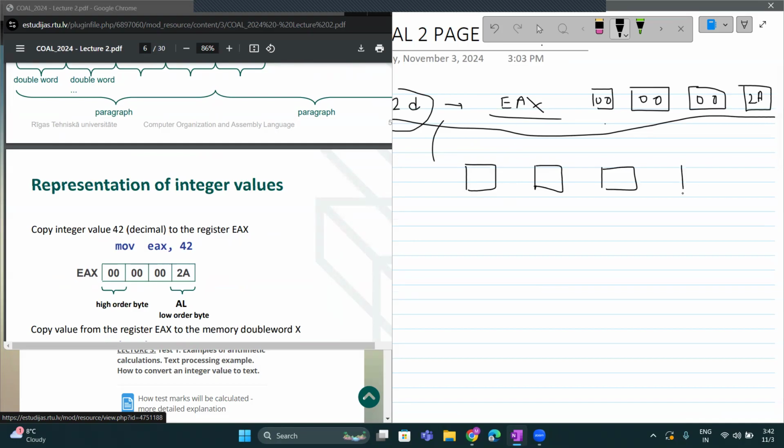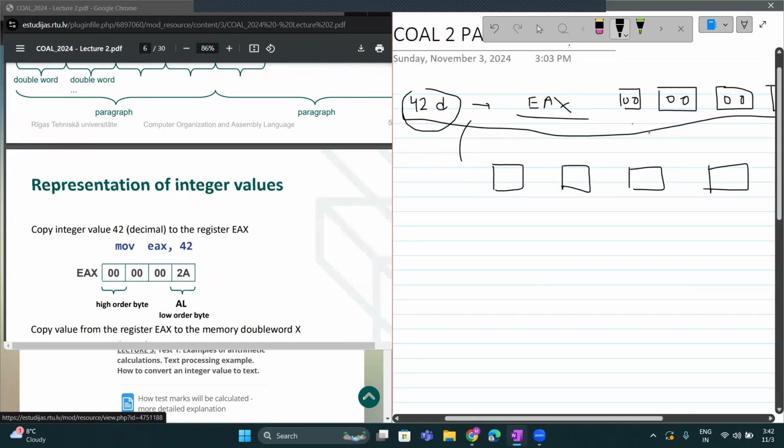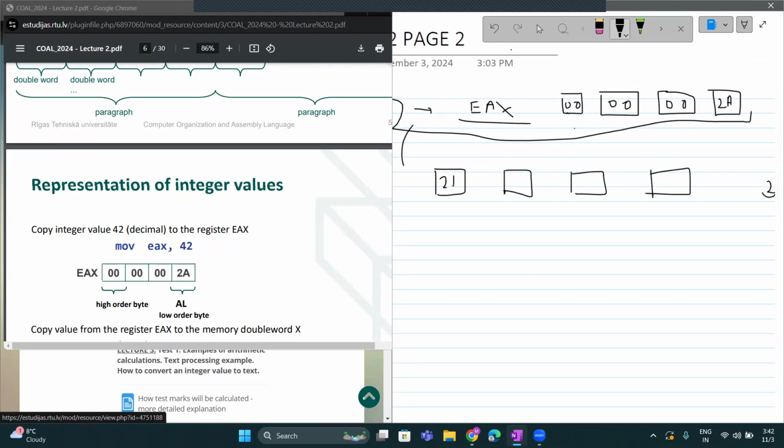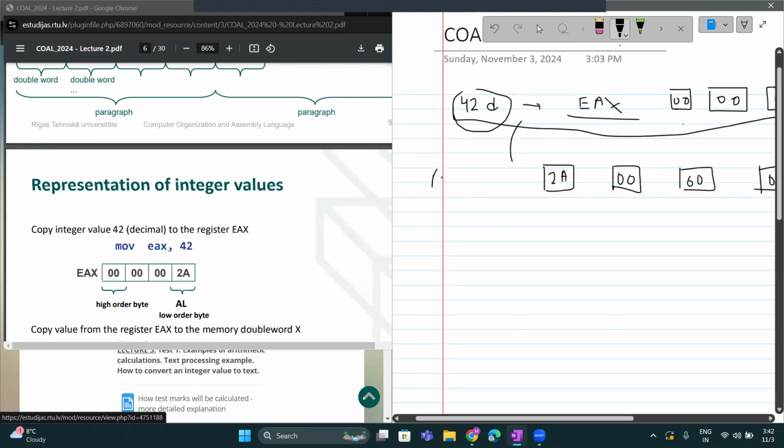So if we copy these 4 bytes into memory, what will happen is that it will get swapped to 0, 0, 0, 0, 2A. So this is 42D in memory.